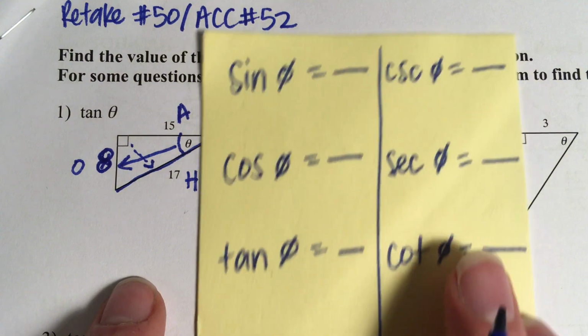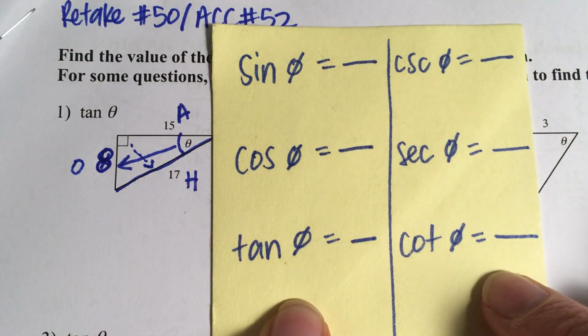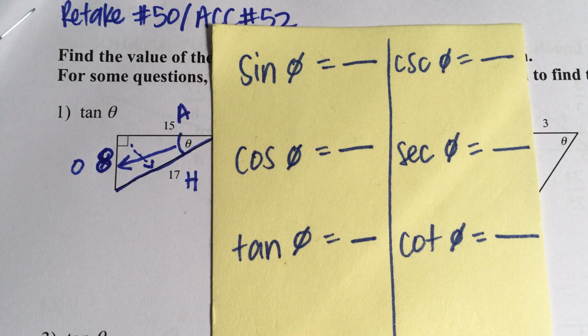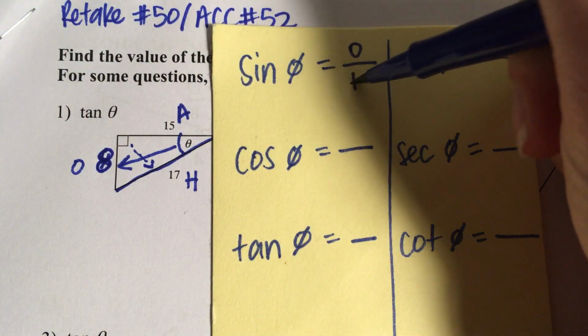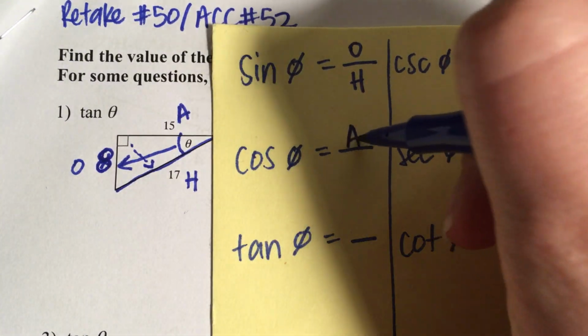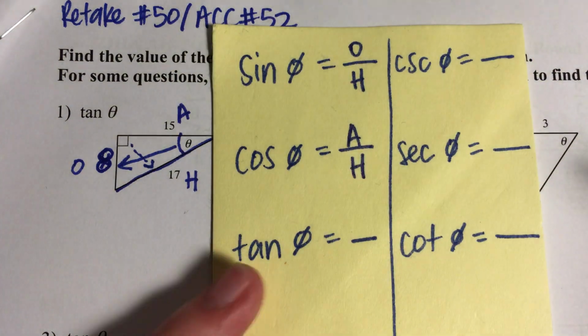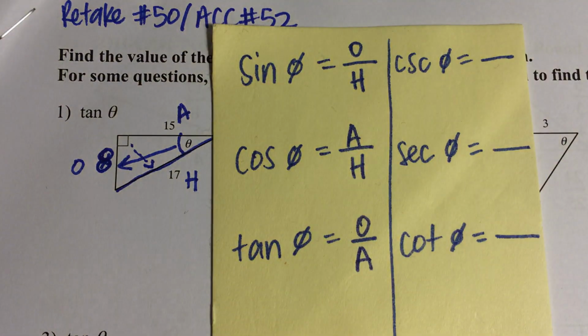So there are six things they might ask you for: sine, cosine, tangent, cosecant, secant, or cotangent. So sine is opposite over hypotenuse. Cosine is the CAH, so A over H. And tangent is TOA, so it's O over A, like that.